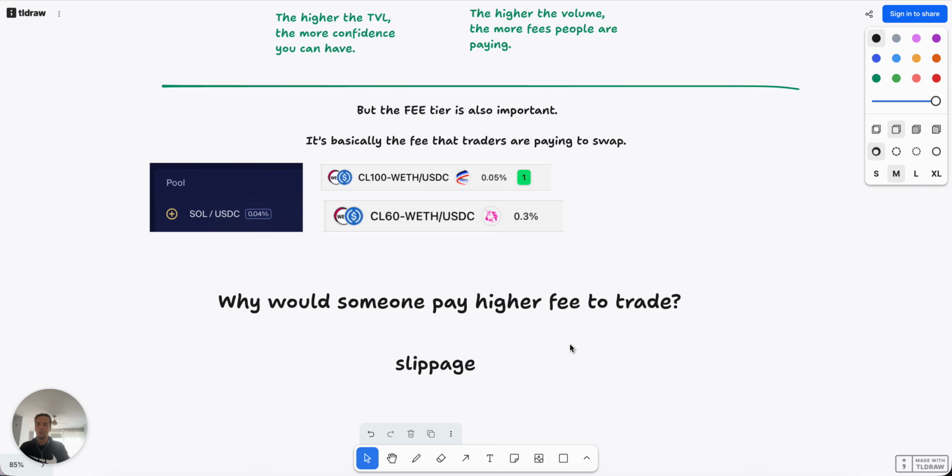But basically, people that want to swap higher amounts of money are usually choosing higher fee tier pools. And this is because in some cases, if they swap on a lower fee tier pool, let's say 0.05%, the slippage that they get on a $500,000 transaction will most likely be much higher than 0.3%, right?